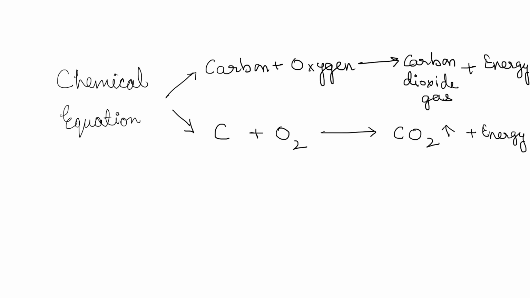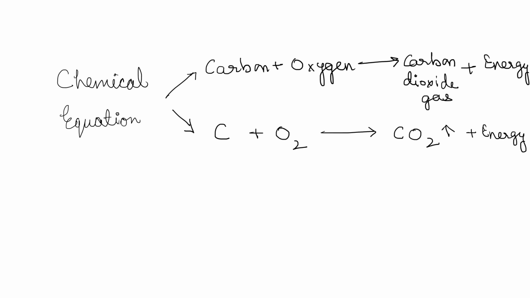So what is this? Carbon plus oxygen gives carbon dioxide and energy is released. This is a chemical equation using symbols and formulae. So it is easier to understand from the equation. Just seeing this equation, we know what is happening. No need to describe in long sentences or write complete names.